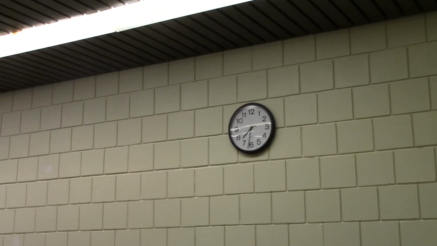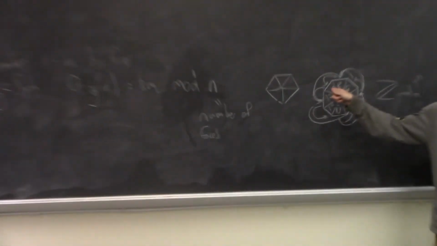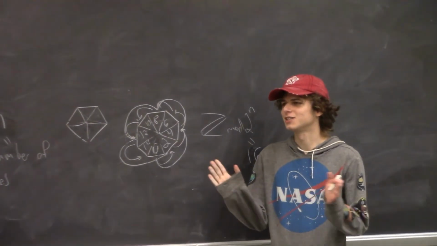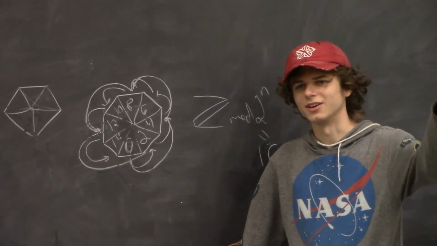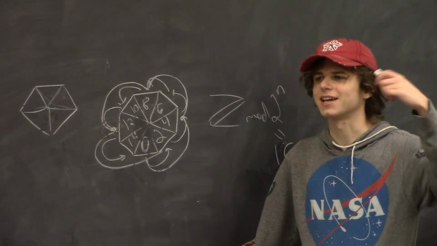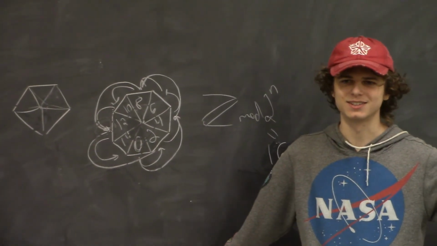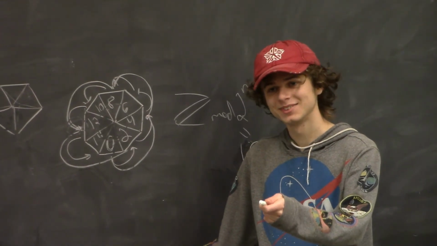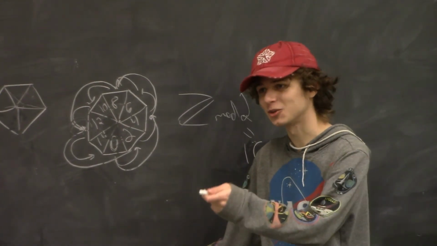Okay, so if you take this, as you increase the number of sides, it kind of looks like a circle, and these symmetries get smaller and smaller. If you tend to some limit, you get a circle, and that's what a clock is actually. It's the circle group, and we call it that because the circle is the principal homogeneous space for the circle group.